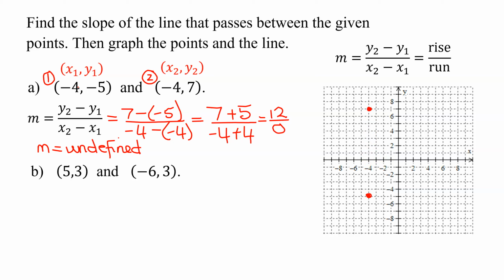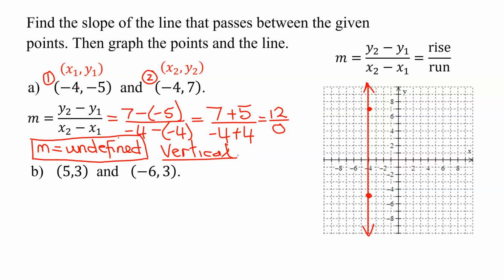And now if I draw a line through those points, what kind of line am I going to get? It's going to be a vertical line. So when my slope is undefined, you get a vertical line.